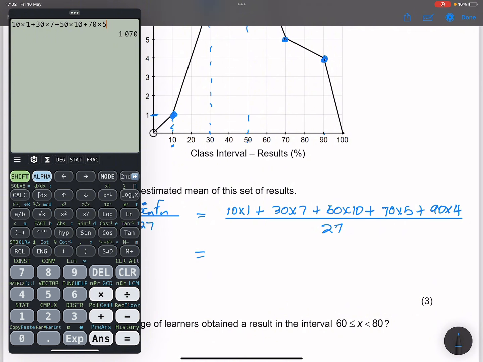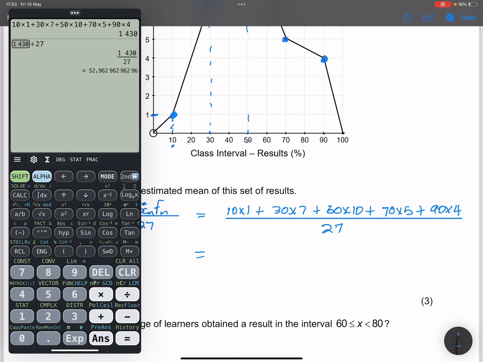So that's my total, and I'm going to divide by my cumulative frequency, meaning my total number of people.